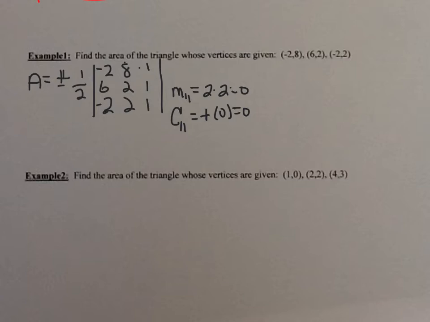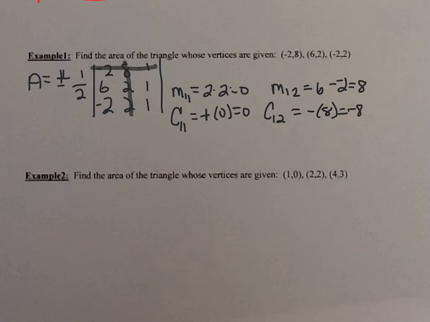Okay, so now I want to do minor 1, 2. So minor 1, 2 would take out those, and I'm left with 6, 1, negative 2, 1. So that's 6 times 1 is 6, minus 2 times negative 1 is negative 2, which is going to give me 8. So my cofactor is negative 1 to the third power, which is negative, times 8, which is negative 8.